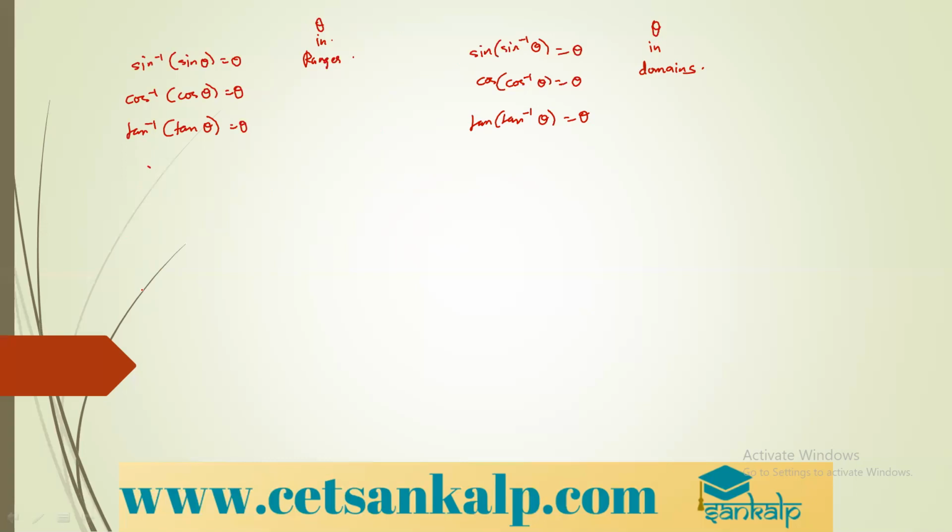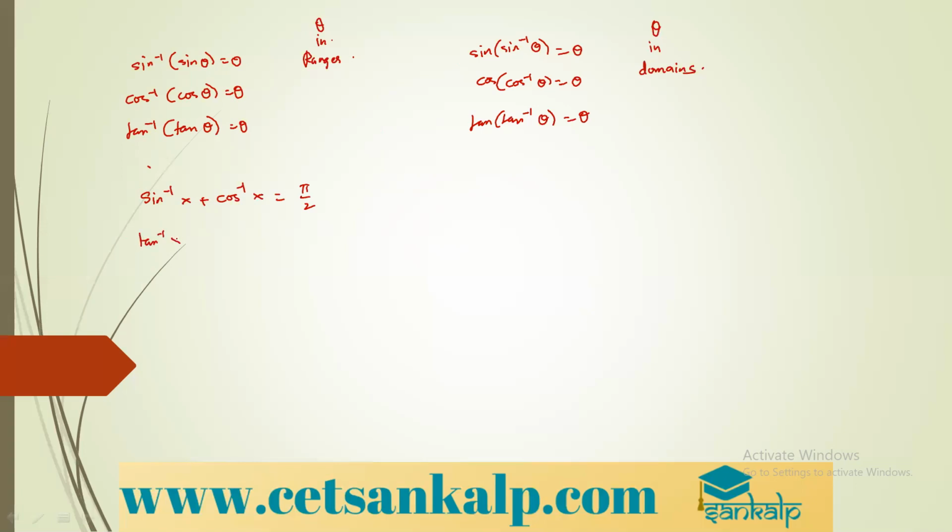There are other shortcut formulas, but it is better not to use them. We can use the long method only. Some more formulas: sine inverse x plus cos inverse x is pi over 2.